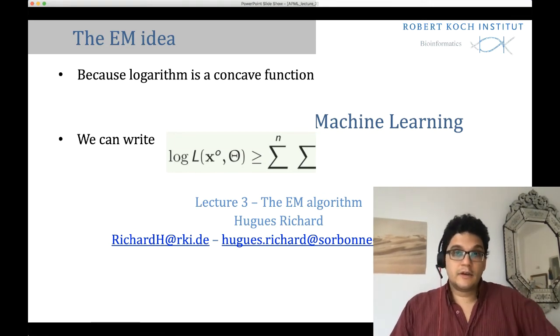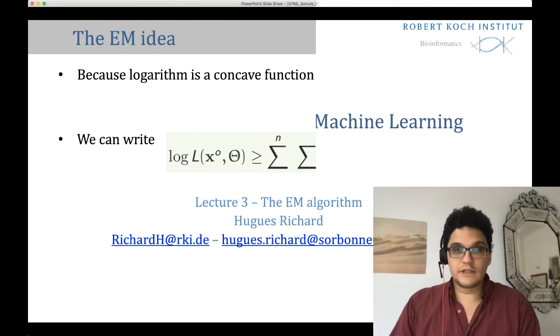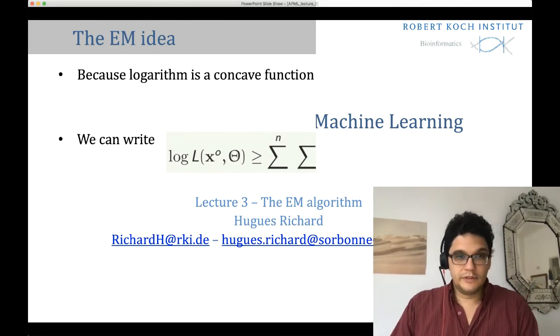So now the trick will be that if we manage to have a value here, the ratio here which is constant, so which doesn't depend on the hidden value, then this expression will factor directly, and we will have a sum over a weighting of hidden values, and here a term which does not change. And so we need to find a term Qi so that our ratio will be constant.